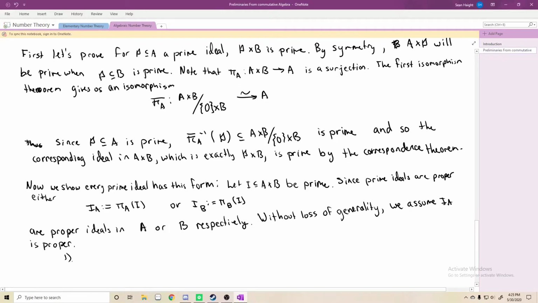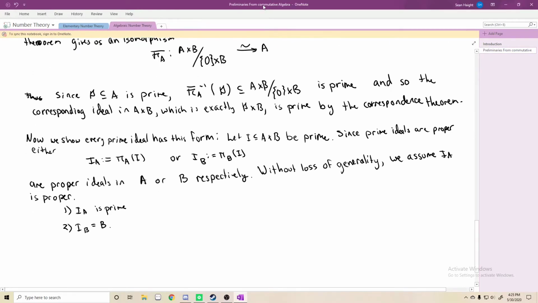We need to show two things. One, we need to show I sub A is prime. And two, we need to show I sub B is the whole thing. So first let's show condition 2. First we show 2.